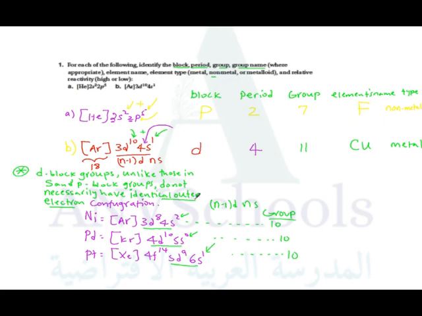But in the d block, you add the electrons of the two successive shells containing s and d together, so you end up with the same group. If you refer to your periodic table, you will find nickel in group 10, palladium in group 10, and platinum in group 10.